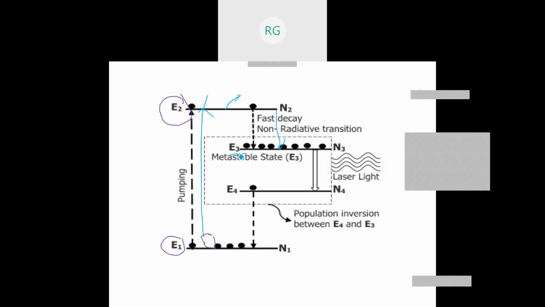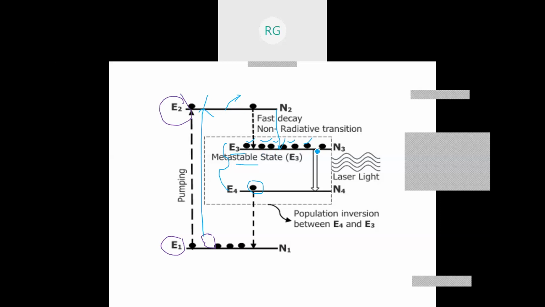E3 is a metastable state whose lifetime is more. Atoms falling from E2 to E3 stay here more time, and therefore we have a population inversion: E1 has only one, whereas the higher energy level E3 has more atoms.